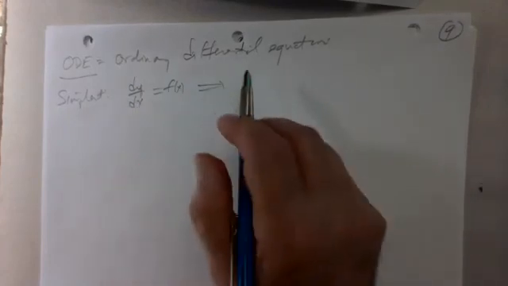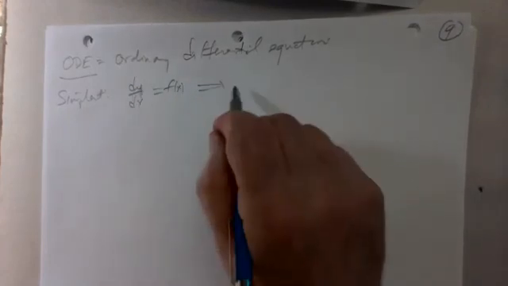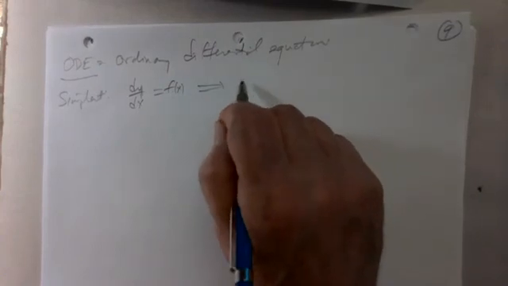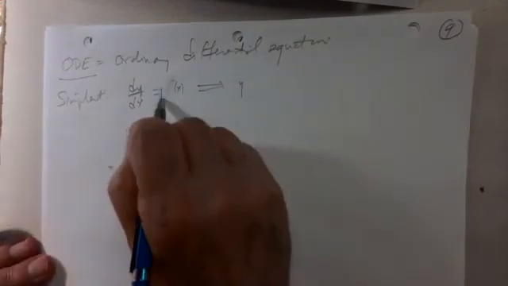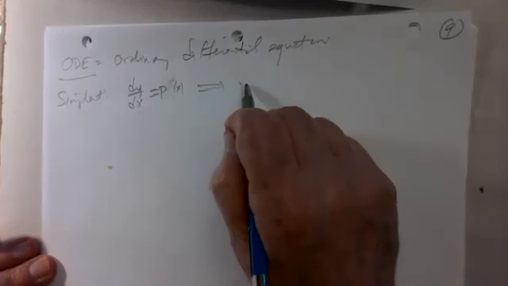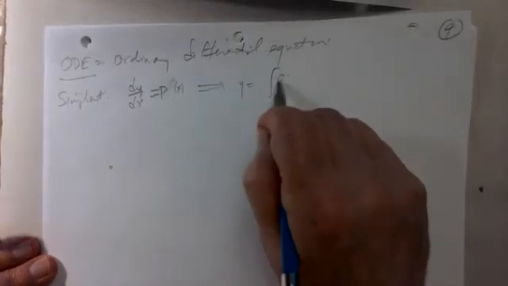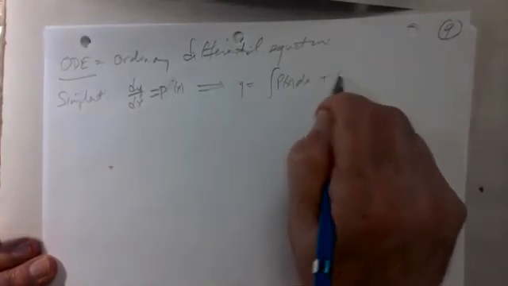Well, this is just Calc 1, because if dy/dx is f of x, that means y is the antiderivative. Maybe I'm not going to call this f of x. I'm going to call it p of x. It means y is the integral of p of x dx, plus a constant.